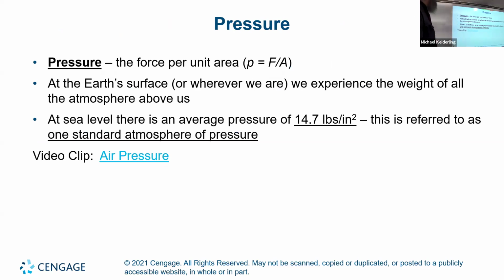So pressure is force per unit area. It's force over area. And at the Earth's surface, we experience the weight of all the atmosphere above us. And this is significant. Every square inch of your body is experiencing 14.7 pounds of force from the atmosphere above you.